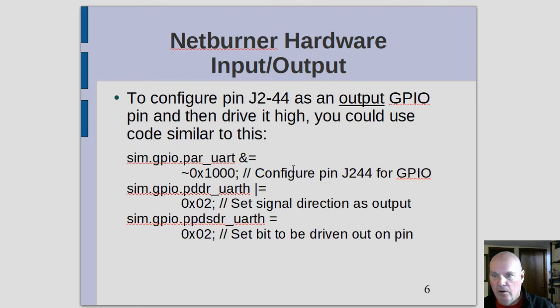Okay. So here's how you might configure J244 as an output GPIO pin and drive it high. So the code would look similar to this. And this requires looking into the microcontroller manual and finding out whether these corresponding pins need to be set high or low.